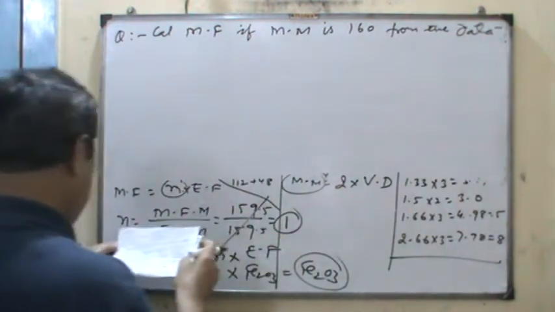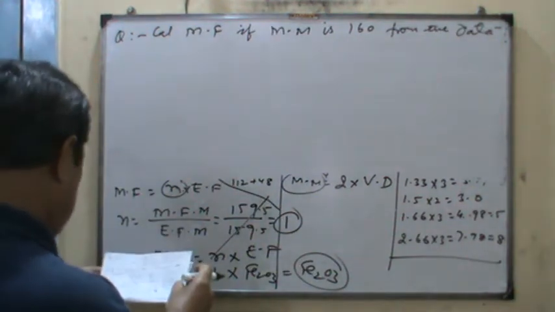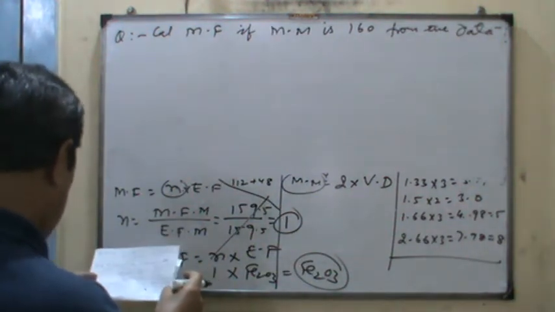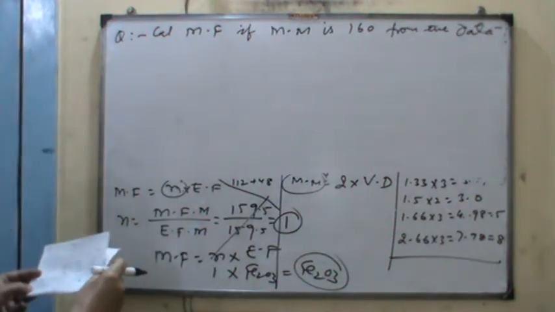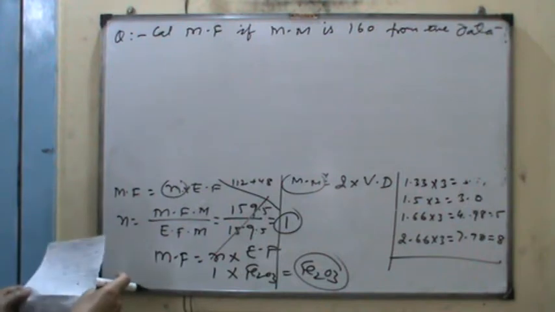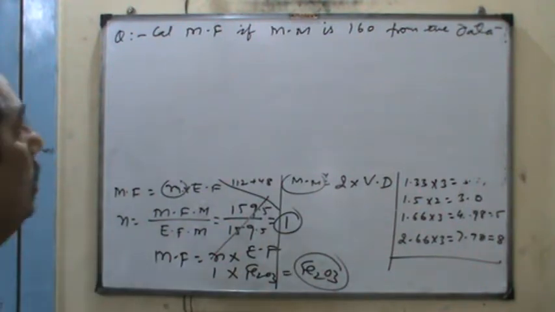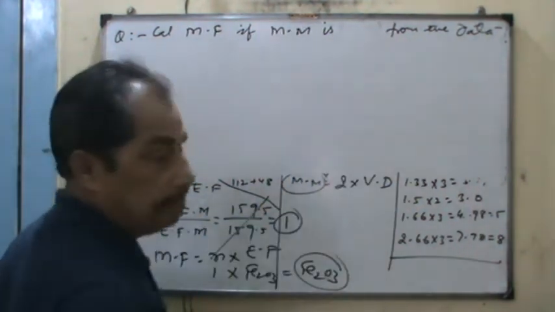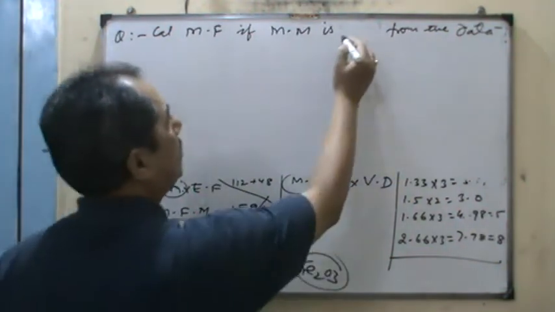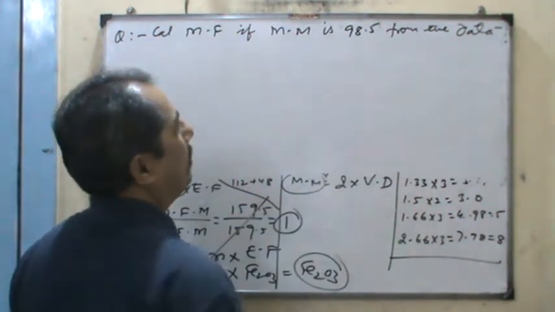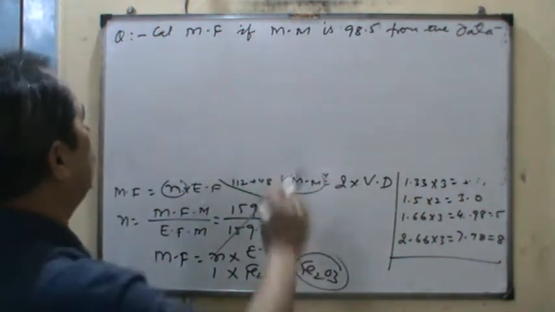What is the data given? You can see here, this is: calculate the empirical and molecular formula if molecular mass is given as 98.5. Sorry, here you have to write 98.5, from the data given.